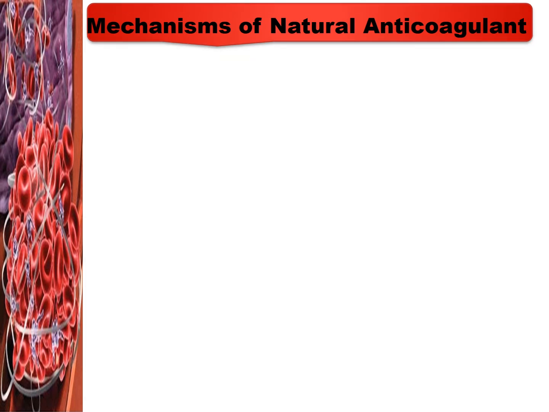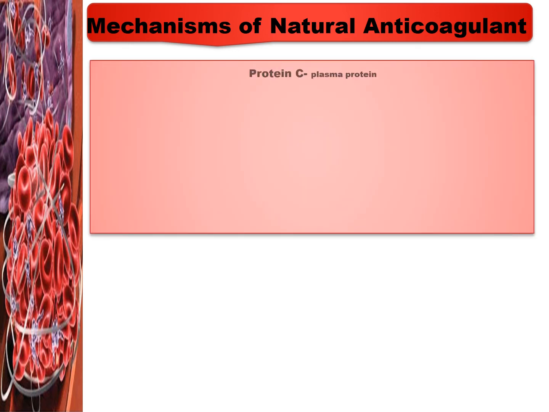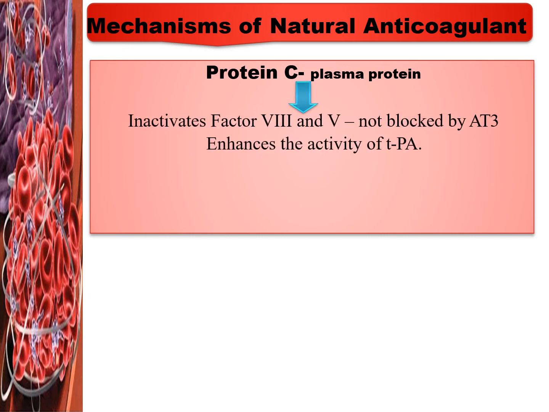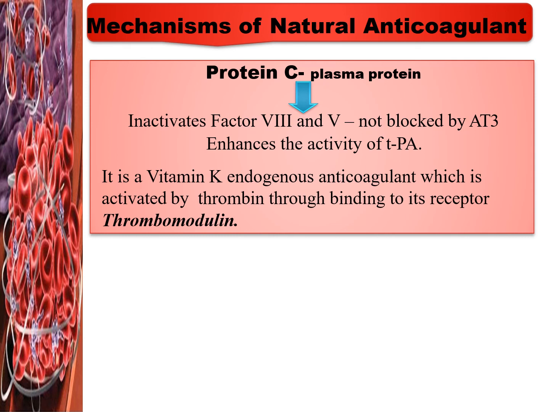In addition to the previous, two more mechanisms take place for the process of natural anticoagulation. Here, protein C, a plasma protein, inactivates factors 8 and 5, which are not blocked by antithrombin 3, and enhances the activity of tissue plasminogen activator.